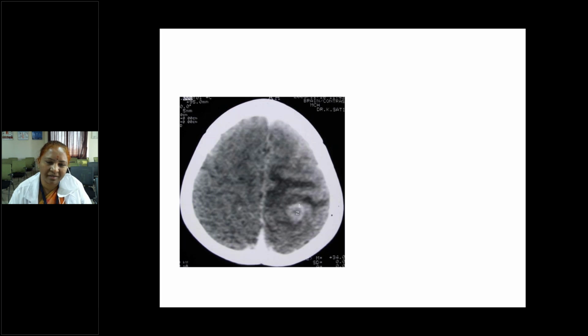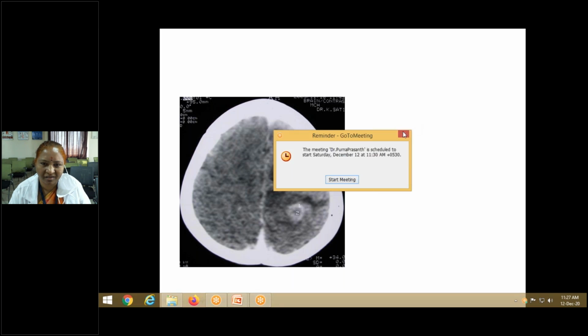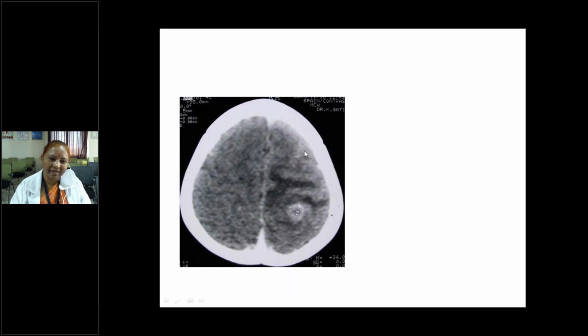So it's not an X-ray. It's a CT film, plain CT, showing a ring enhancing lesion with perifocal edema. Is it on the right or left side?